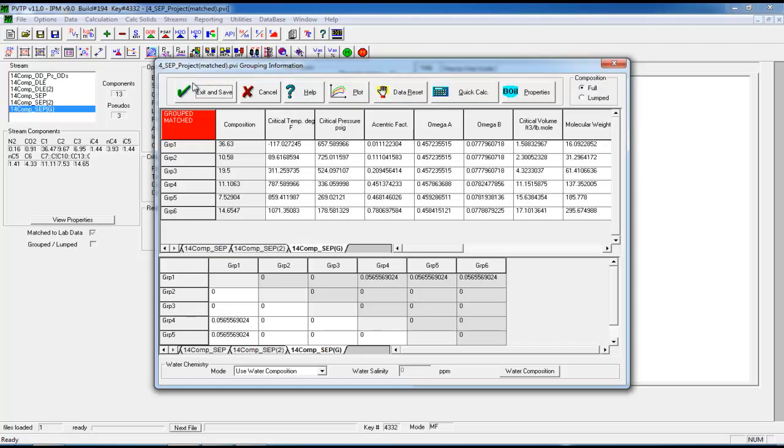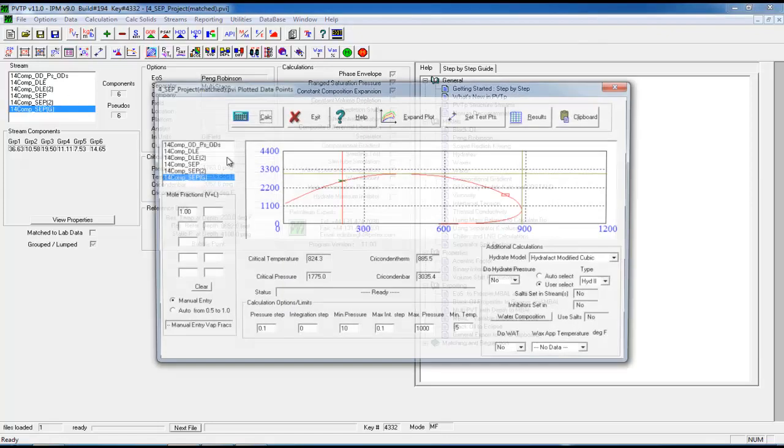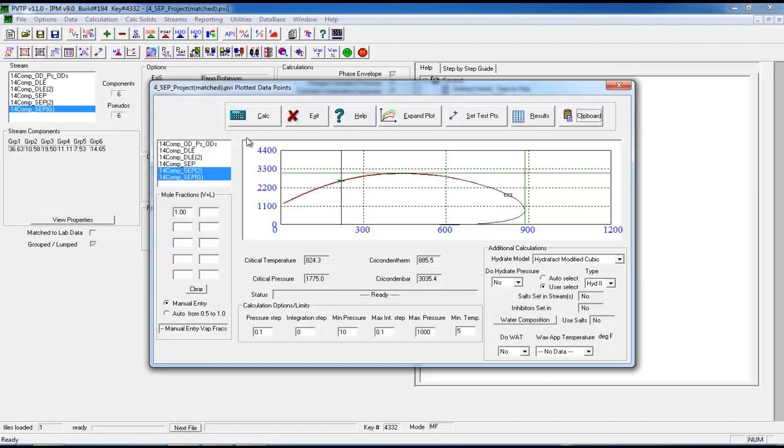I forgot to press exit and save. I just went out without saving the group. So I will need to repeat, showing the results again. So this is the grouped model, and you can check that from here. Now you have 6 components or 6 groups, and when you evaluate this, it's still the same. So even after grouping, the results were good.